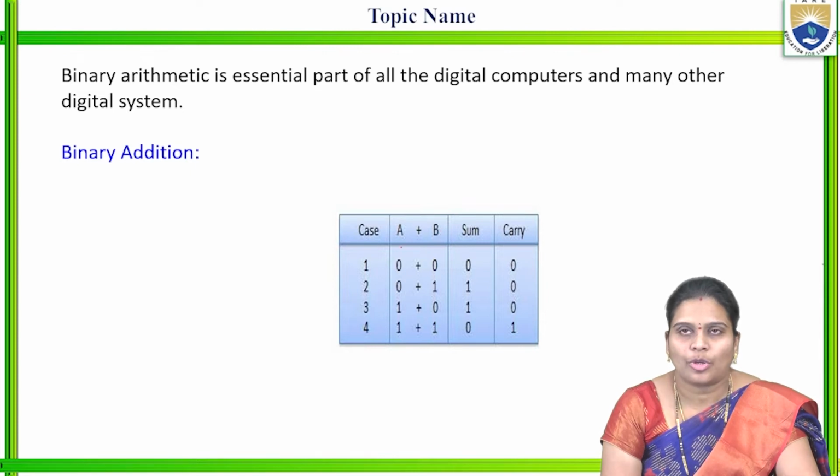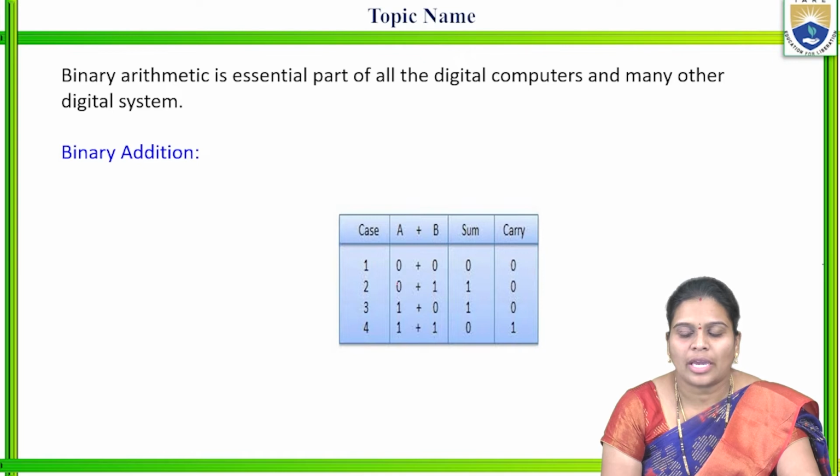In the first case, A equal to 0 and B equal to 0: 0 plus 0, the sum is 0 and the carry is also 0.